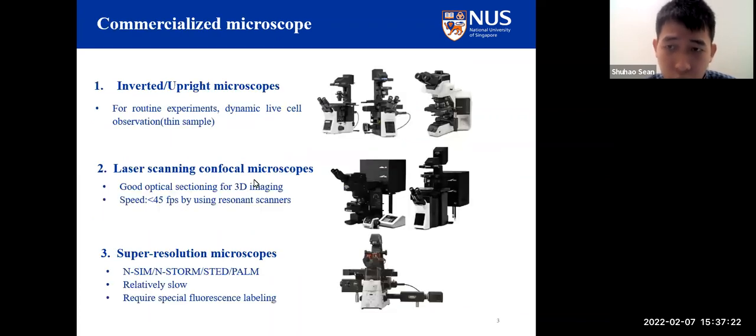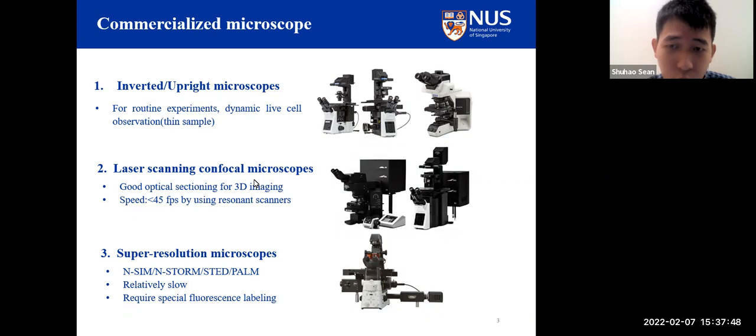There are many commercialized microscopes available in the market. I believe many of you have used some of these types of microscopes from big manufacturers such as Olympus, Nikon, and Zeiss. For most routine experiments, the first one, the inverted and upright wide field fluorescence microscope, can meet most requirements.